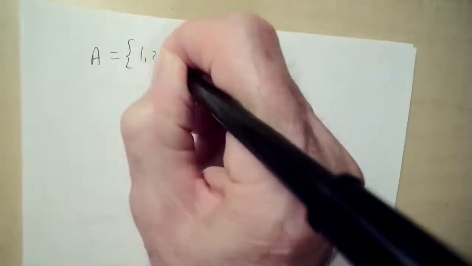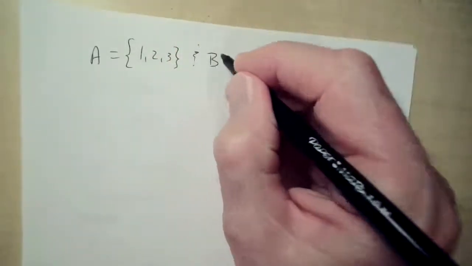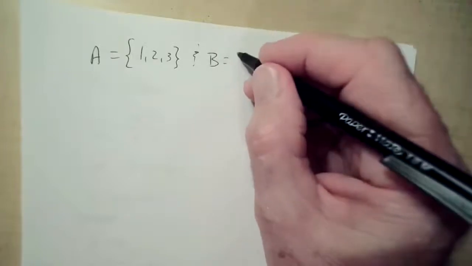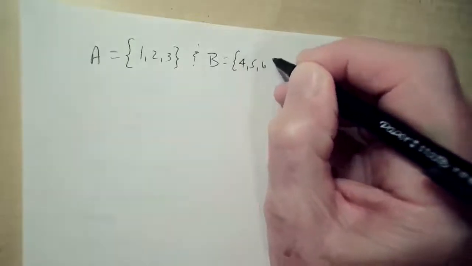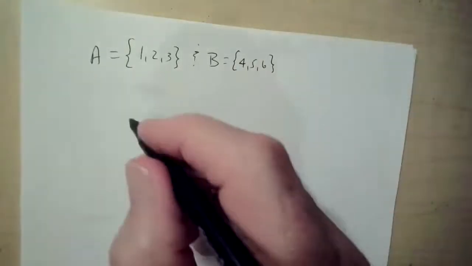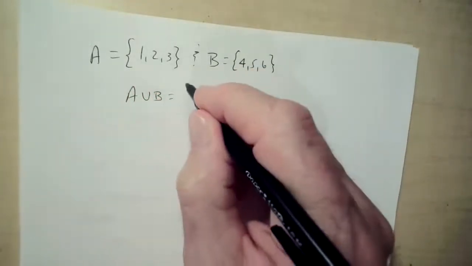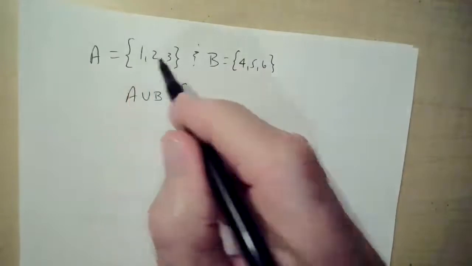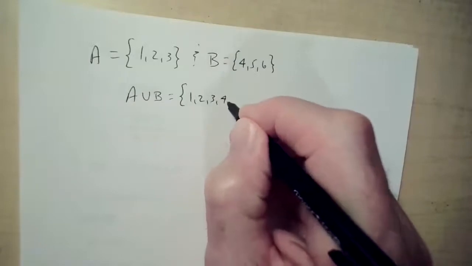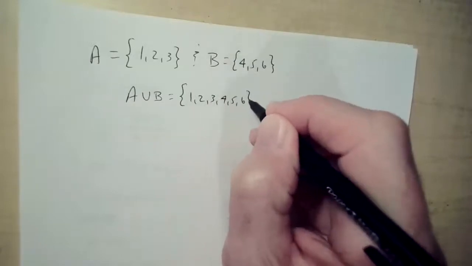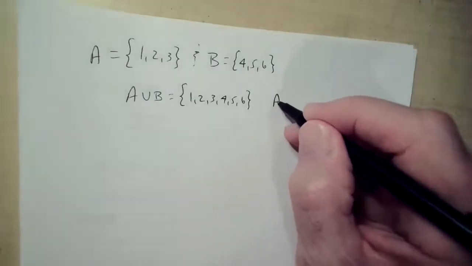Okay, what if A is 1, 2, and 3, and the set of numbers B are 4, 5, and 6? A union B is, in other words, the numbers in either set: 1, 2, 3, 4, 5, 6.